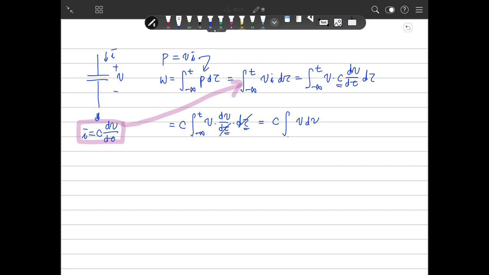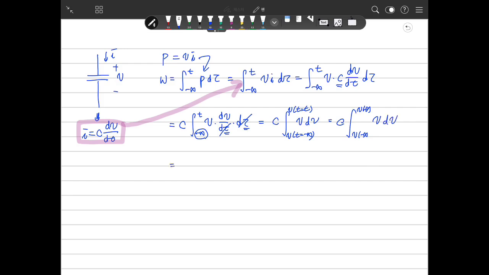Then the limits change: v of minus infinity to v of t. So it will be written more simply as C times the integral from v of minus infinity to v of t of v dv.